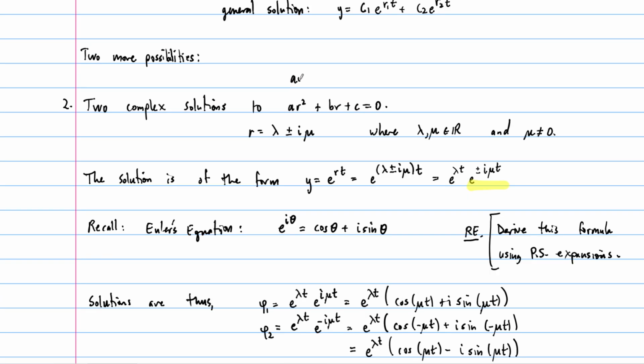Let me rewrite it right here: a y double prime plus b y prime plus c y equals 0. We're expecting to get real solutions to this, a function y as a function of t that lives in the yt plane, where t is the independent variable. So we're expecting real solutions.